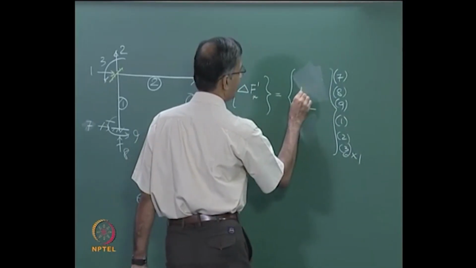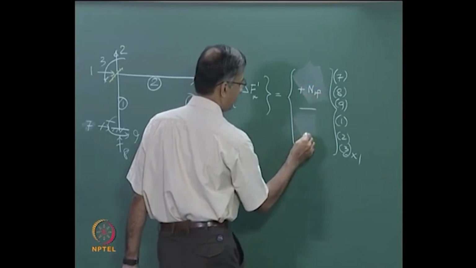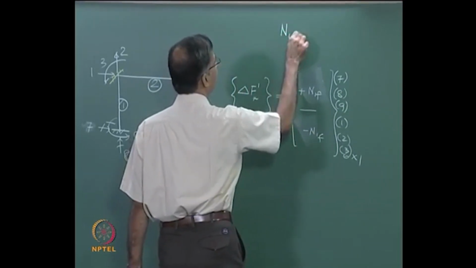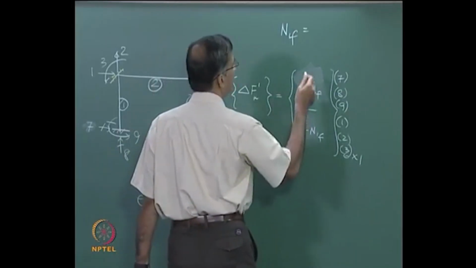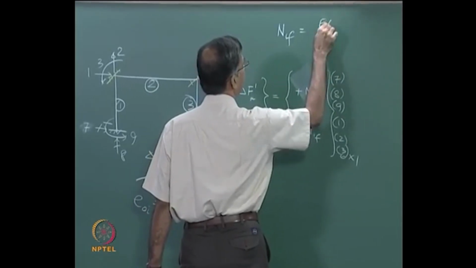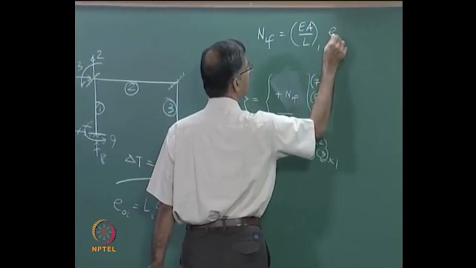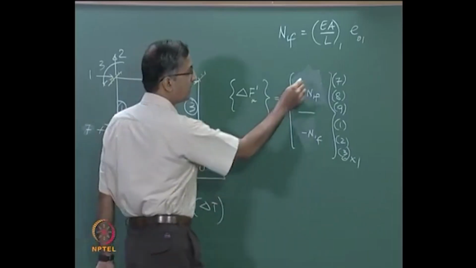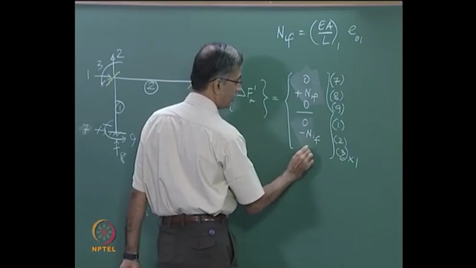So let me say plus N1F minus N1F, where N1F will be K, which is A by L for the first element, times E01, right? So you will do that. What do you get here? 0, here 0, here 0, here 0.